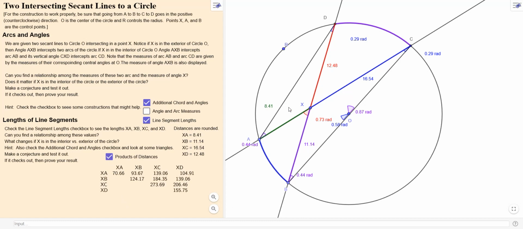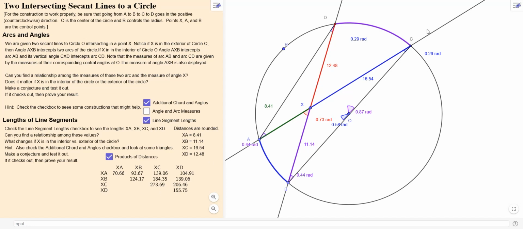So here I just did it by experimenting, taking all these distances, X to A, X to B, X to C, and X to D, and multiplying them by each other. Here's XA times XA, here's XA times XB, XA times XC, and so forth. And if you look, do you see anything that matches up here? There ought to be one somewhere that matches.